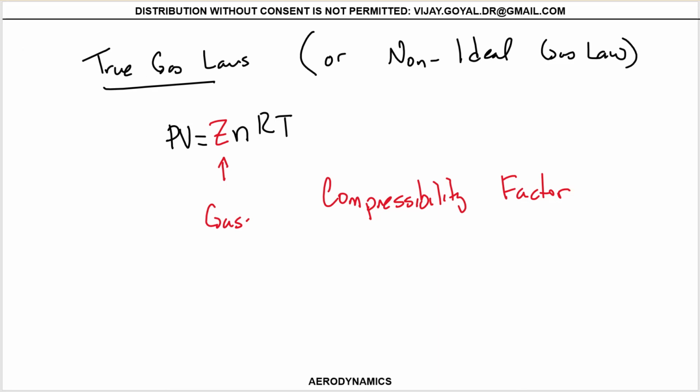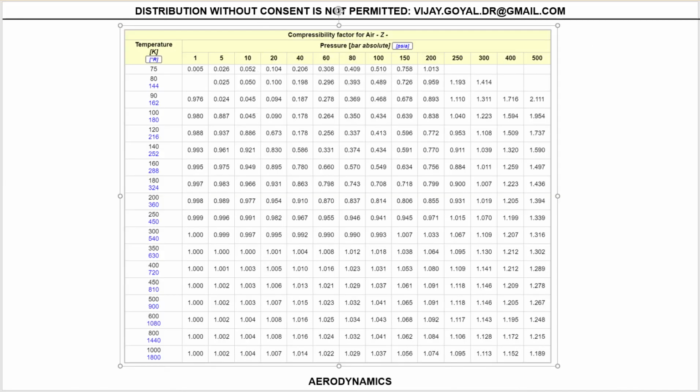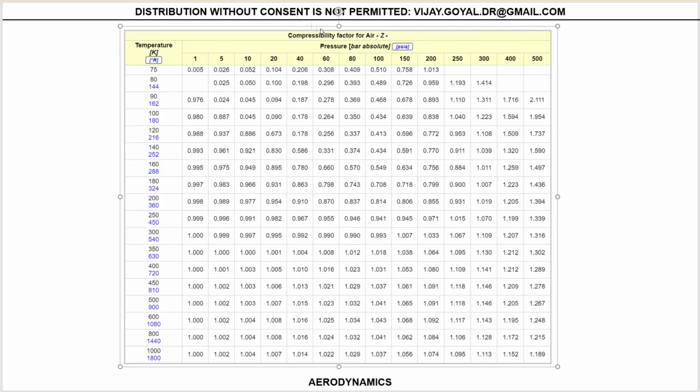The gas compressibility factor comes from this table, and you can see that in our particular problem the temperature was 530 and the pressure was 64.7.